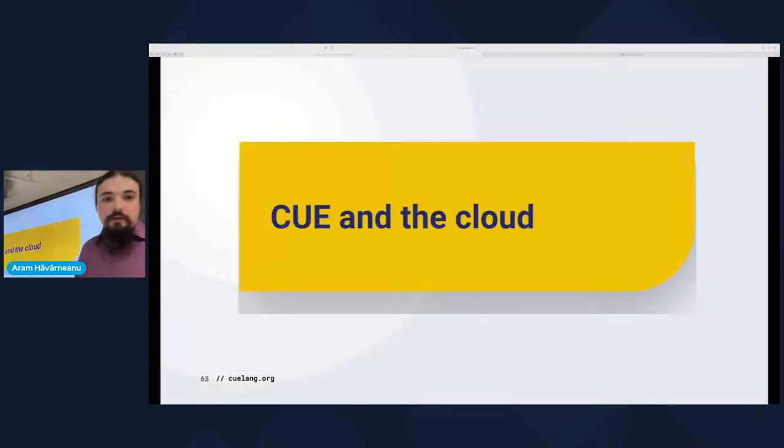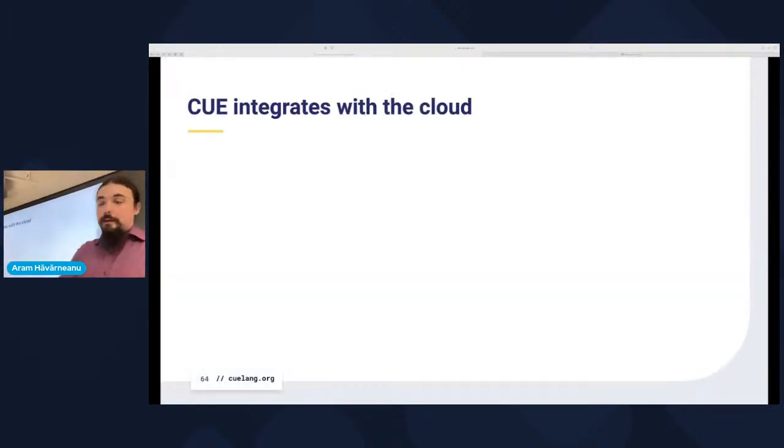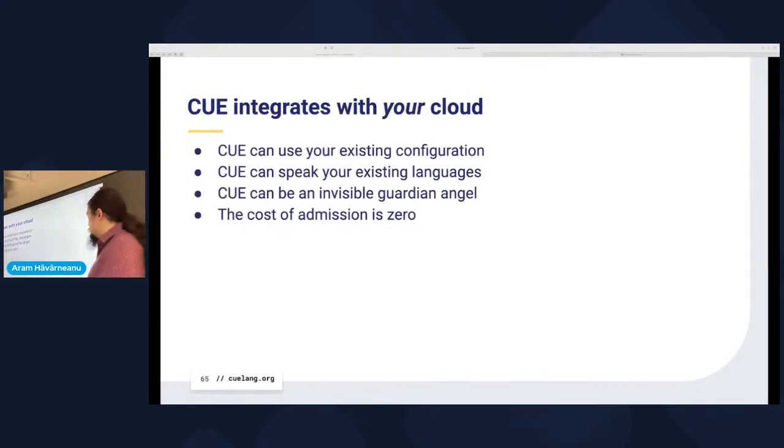So how is that relevant to the cloud? Well, I kind of said that Q integrates with the cloud, but what I really want to say is that Q integrates with your cloud, whatever it is, because Q can reuse and use your existing configuration in any language. Well, not quite any language, but at least JSON or YAML.